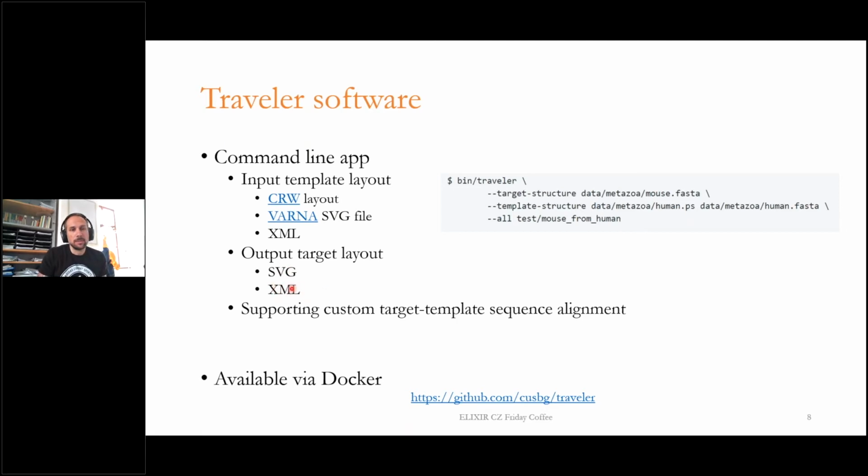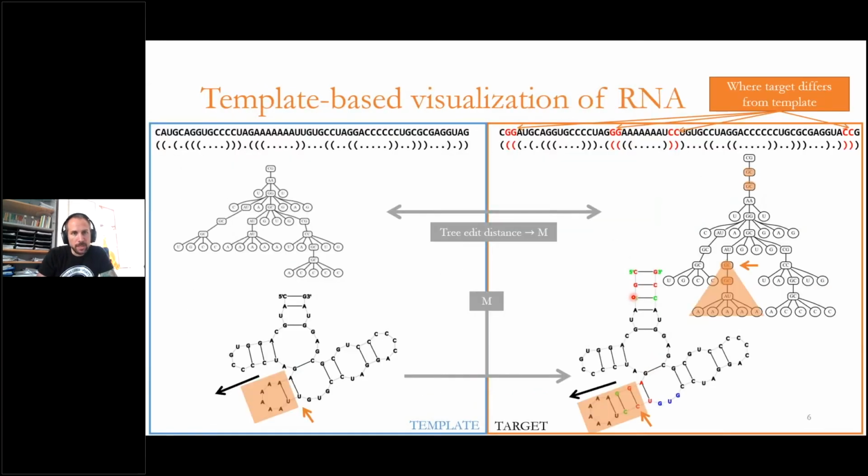And so the idea is that if you would like to use it then in, for example, a pipeline, then you can parse this XML file to get information about the positions of the bases. Now we also support custom target template sequence alignment, and what this means is that here I was saying that we do this mapping between these trees.